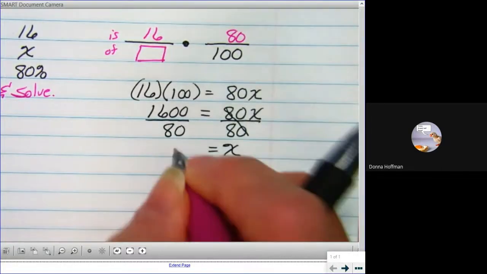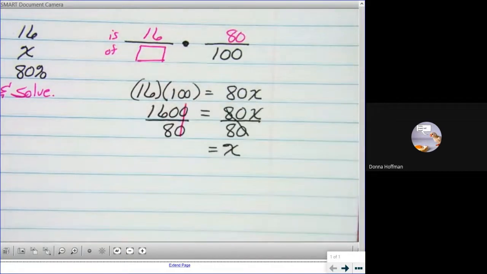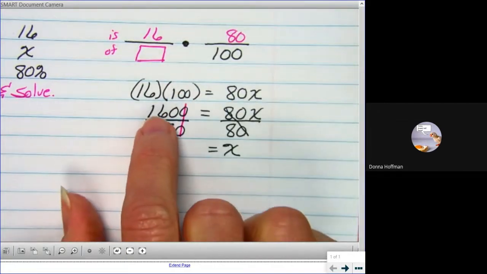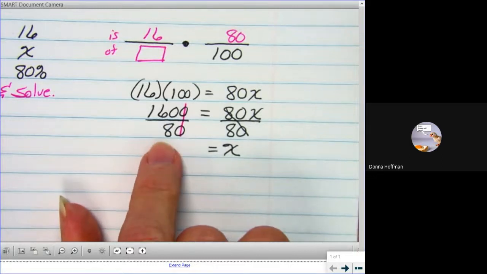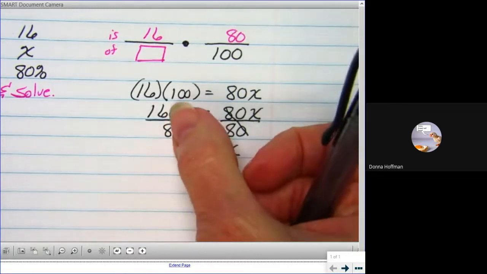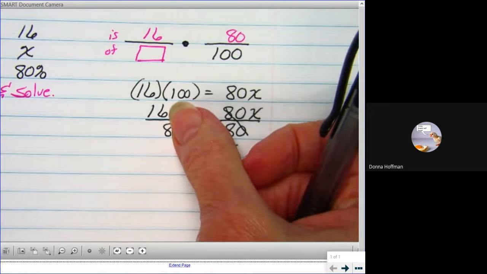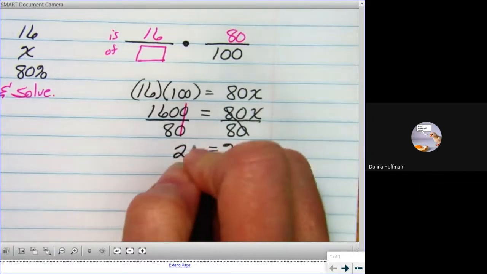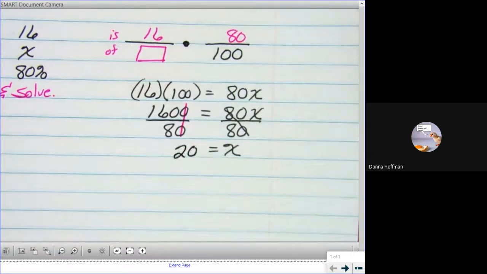Oh, look, I have one set of 0, 0 gone. So then I could just look at 160 divided by 8. How many times does 8 go into 16? 2. And then I just bring down my 0 that I had to cover up temporarily.